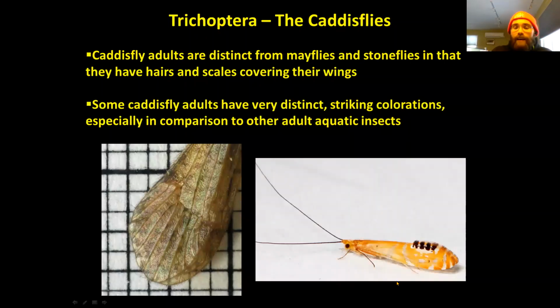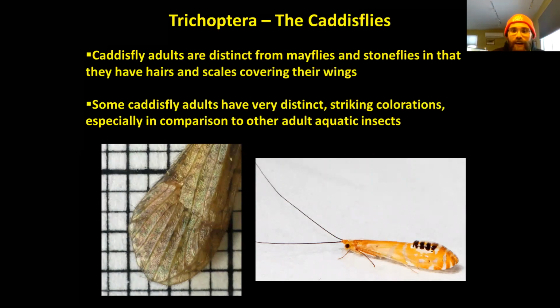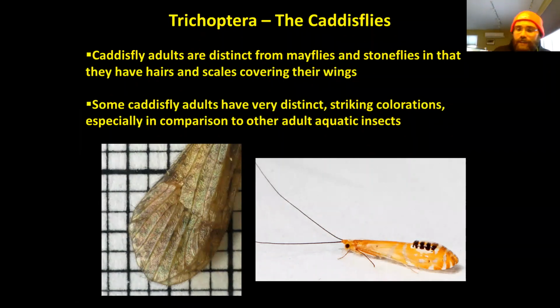So here we have a really pretty orange, white, and black colored caddisfly. This one really stands out as a beautiful animal. Not just because orange is one of my favorite colors, but just in general, very pretty animal. And you don't really get this with adult aquatic insects like the mayflies and the stoneflies. So just kind of a weird thing to see when it comes to these aquatic insects.